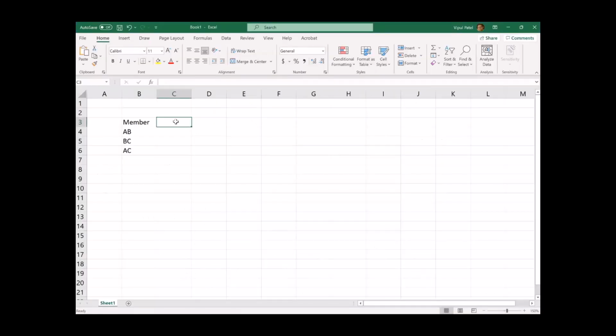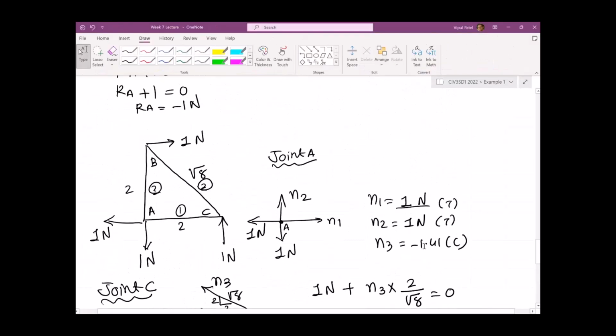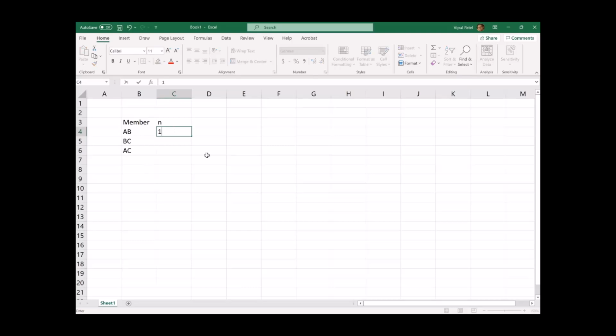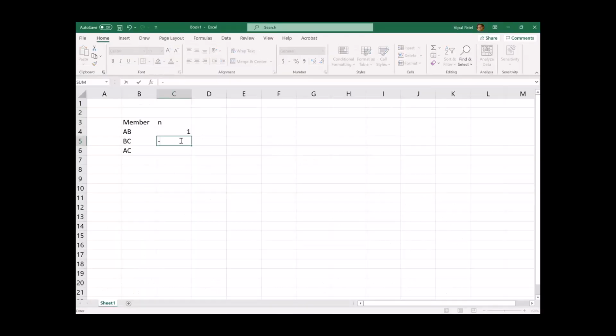Now let me put the small n, and this small n value was here somewhere. We write 1, minus 1.41. So AB is 1, BC is minus 1.41, and AC is 1, right?